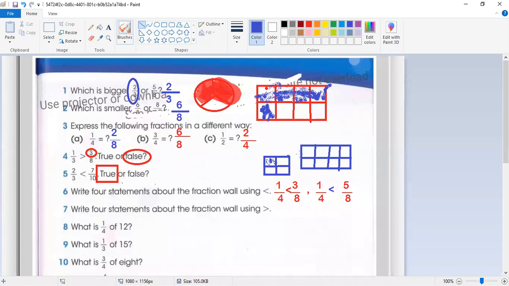So let's color 1, 2, and 3. Yes, 3 by 8. Is this piece big or is this piece big? Hasulaf, what do you think? Which number is big? 3 by 8 is big.